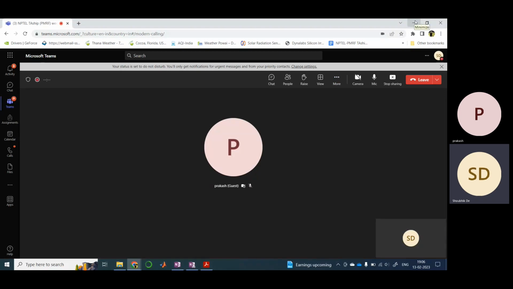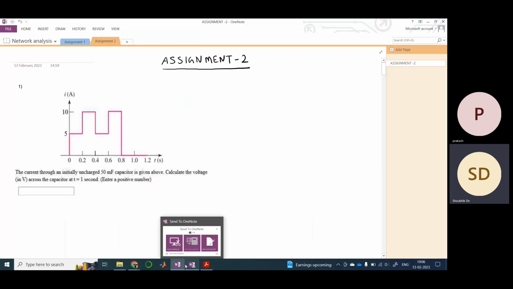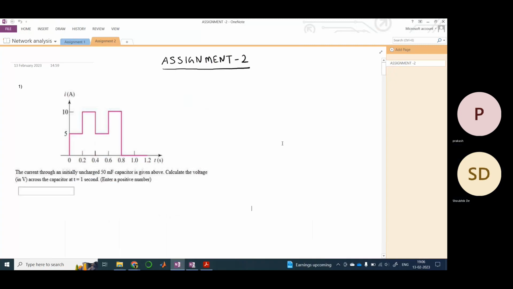So let's start. We'll be looking at each of the problems step by step, and I'll be solving them in order. So let us look at the first problem now.